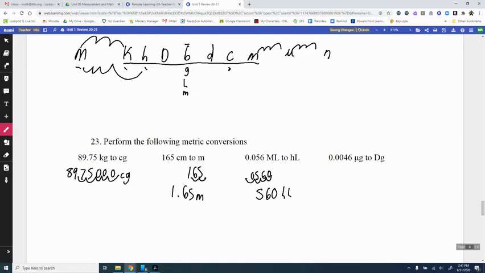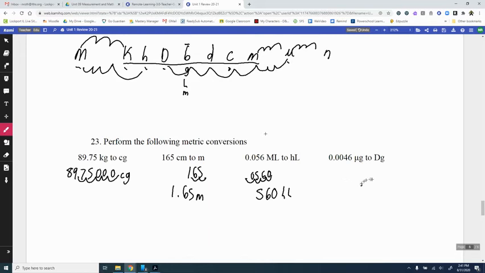Okay, last one. We have micrograms to decagrams. First we find micro right there. Next we find deca right there. So we go 1, 2, 3, 4, 5, 6, 7 places, and we're moving to the left.